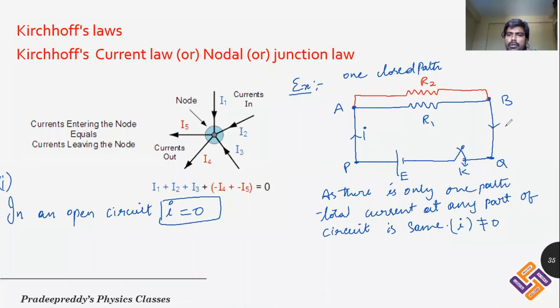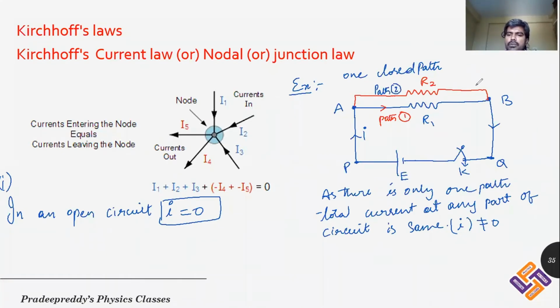As the circuit is closed, the current which is coming to point A at point P is I, and at this point A there are two paths. Check it out. At A there are two paths. This is path 1 along the resistor R1, and this is path 2 along the resistor R2.